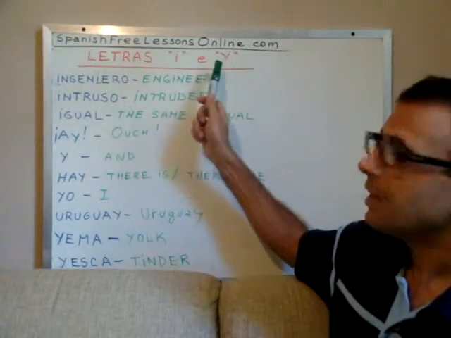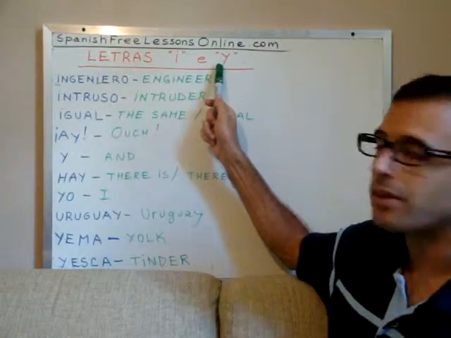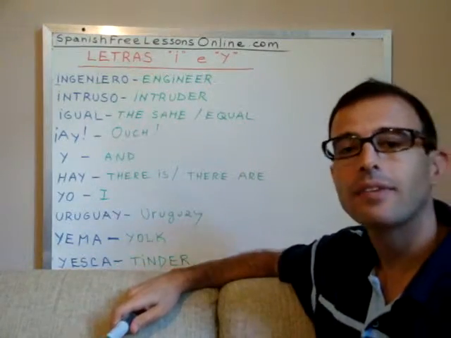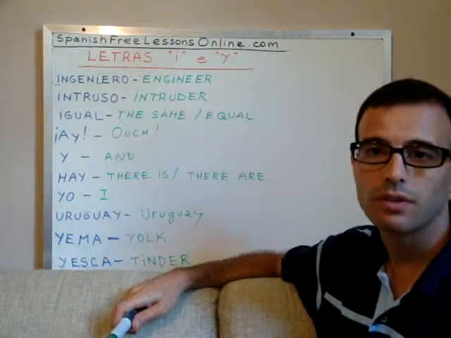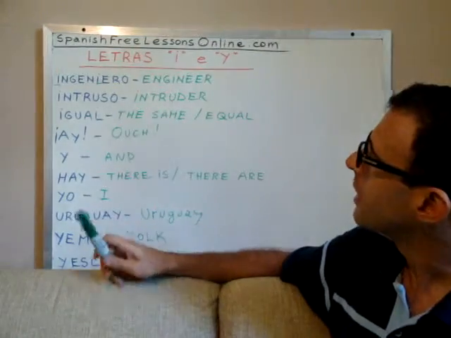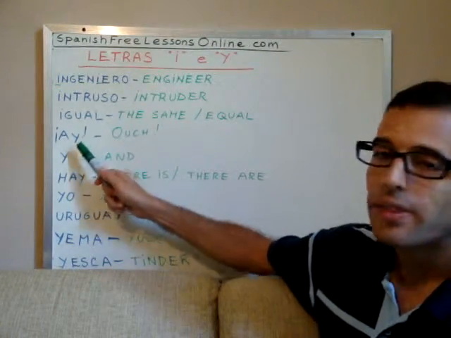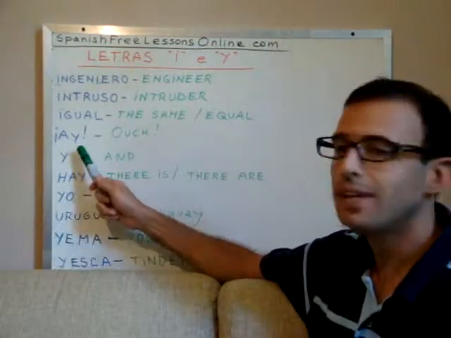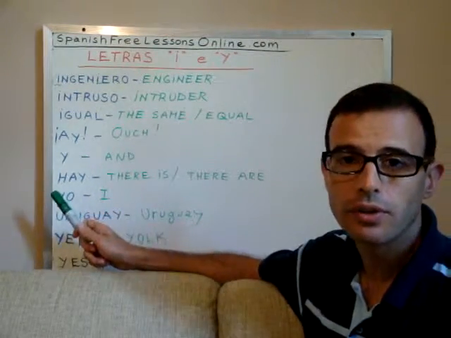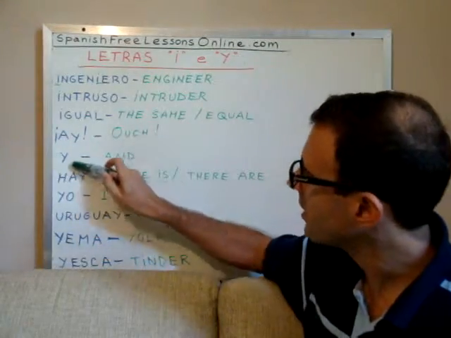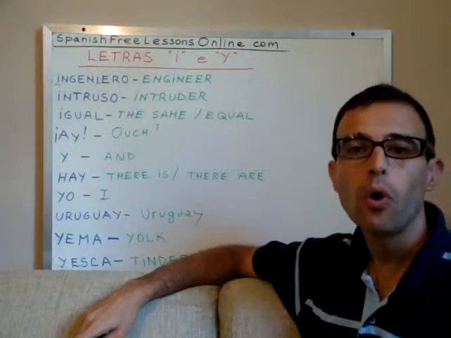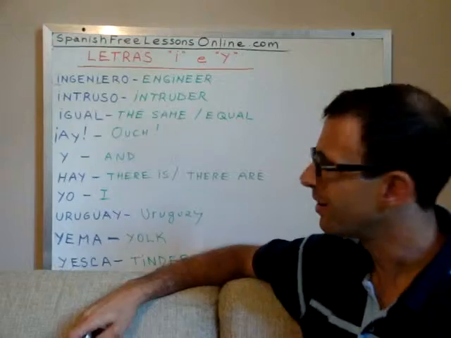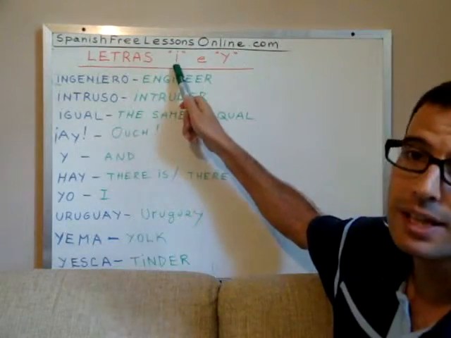But the Y, right, the Y, has two different pronunciations. So let's see. When the Y is written at the end of a word or just by itself, like here, it's always pronounced I, the same as the I Latina.